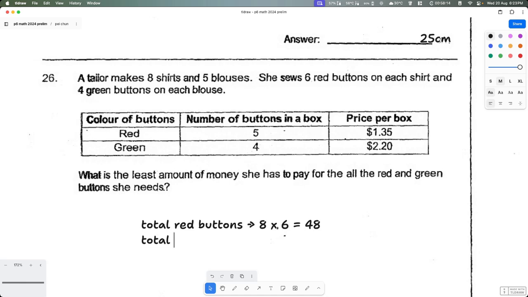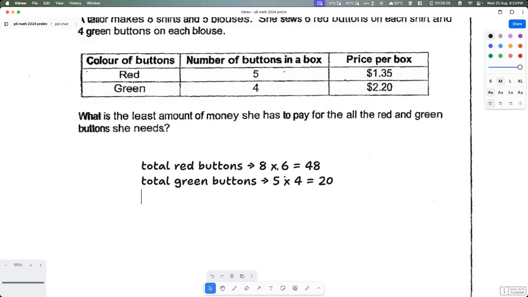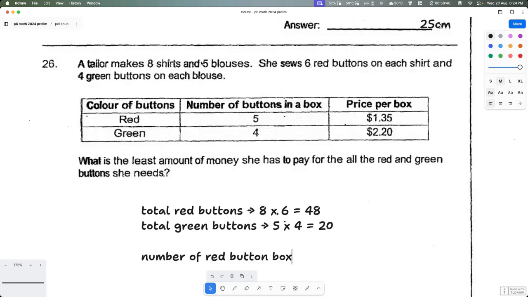Then total green buttons is equal to 5 blouses times 4, which is equal to 20. Now the number of red button boxes. I just want to double confirm, each is 48.